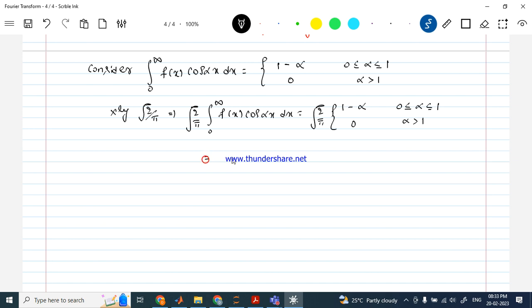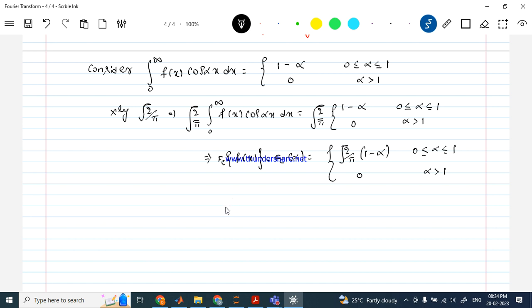Now this left hand side represents the Fourier cosine transform of f of x. We denote it as fc of alpha, which is given by this expression: square root of 2 by pi into 1 minus alpha for alpha from 0 to 1, and square root of 2 by pi into 0 is 0 for alpha greater than 1.